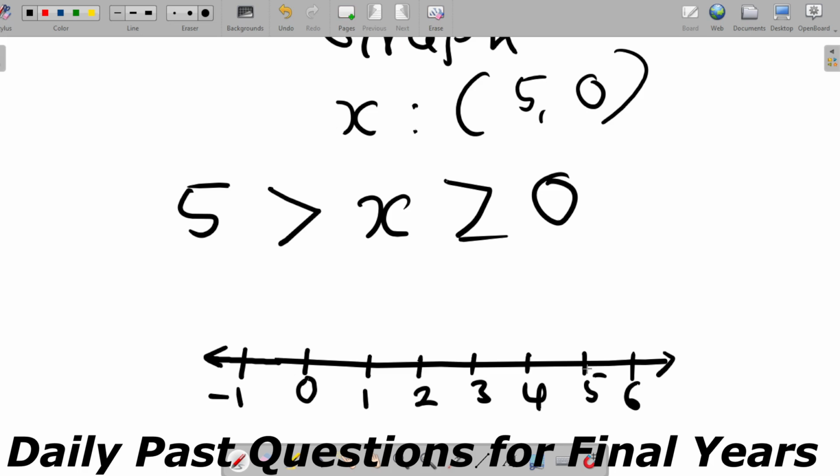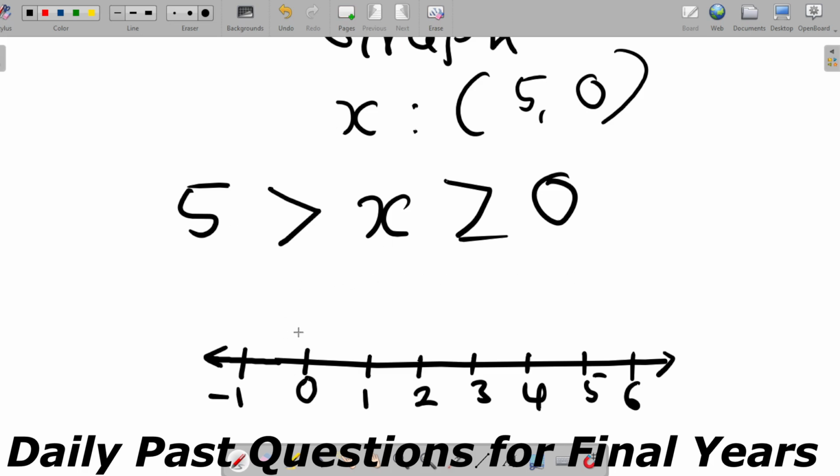This one is actually saying that we have some numbers that start from 0 and are more than 0. The first number is 0, and then the rest of them are more than 0 but less than 5, meaning that 5 is not part, but 0 is part.